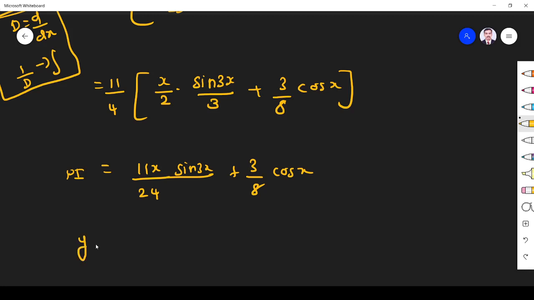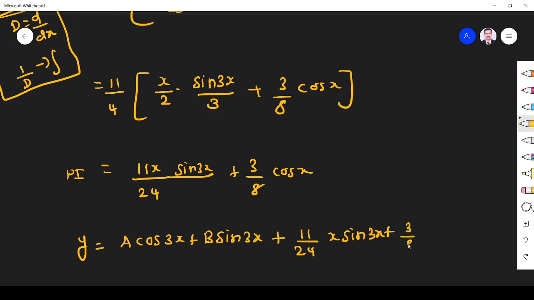So the complete solution y is equal to CF, already we found, a cos 3x plus b sin 3x, plus PI, 11 by 24 x sin 3x plus 3 by 8 cos x. Sorry, 3 into 11, so 33 by 24 cos x. This is our answer.